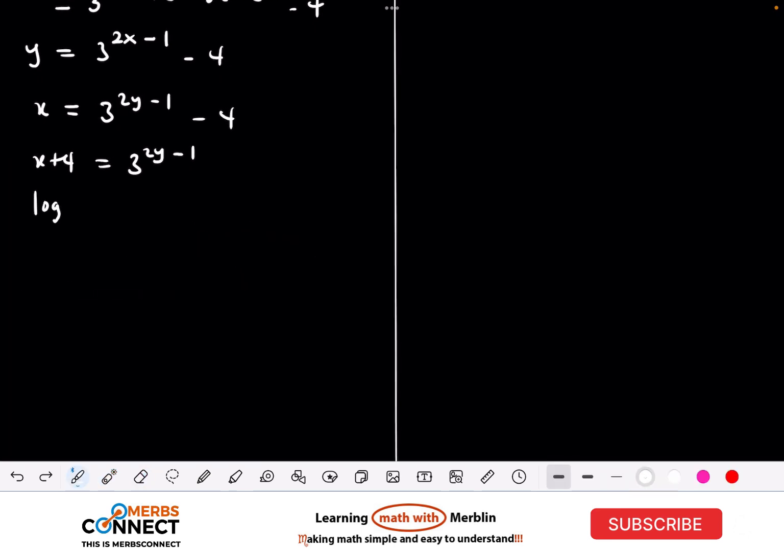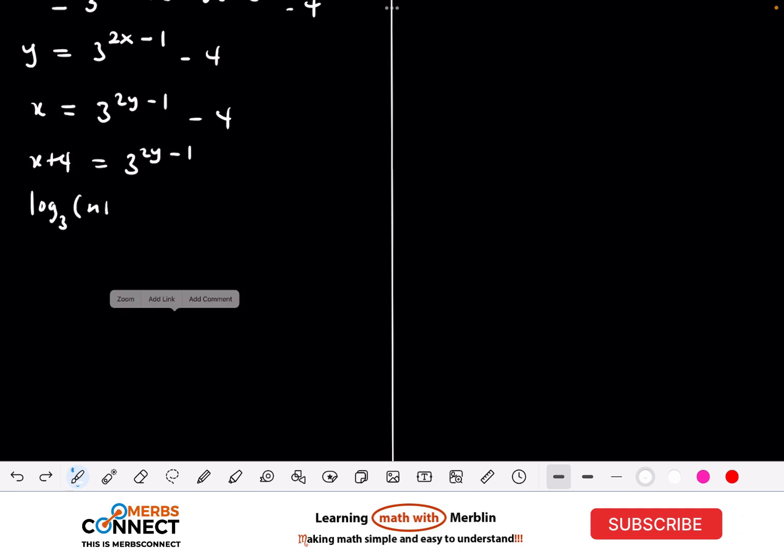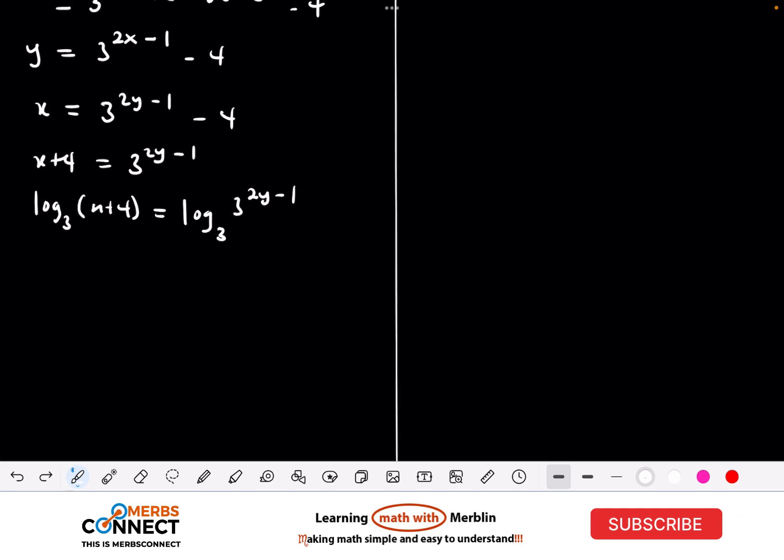So log base 3 of x plus 4 is equal to log base 3 of 3^(2y minus 1).